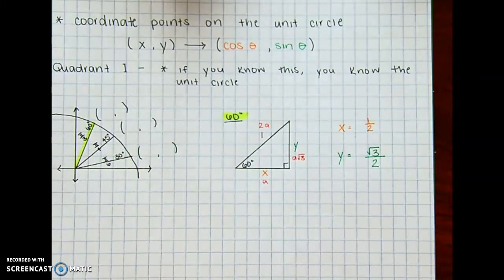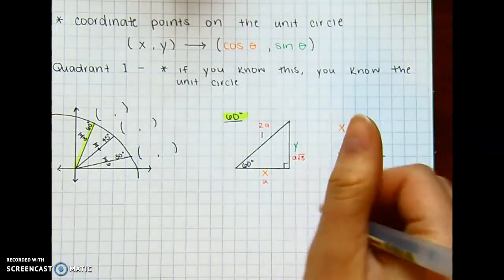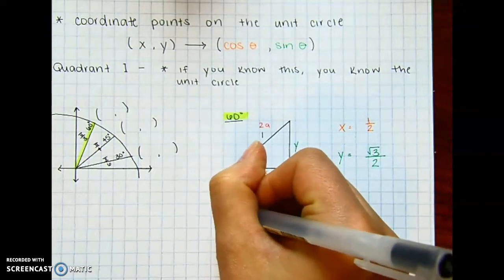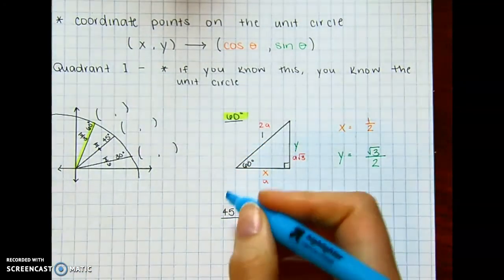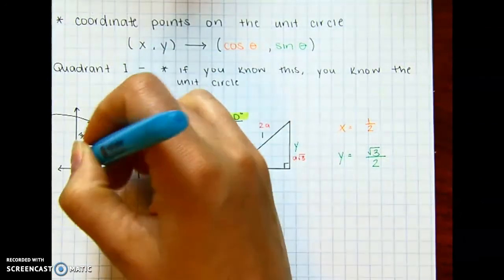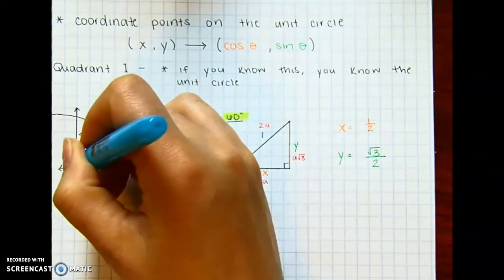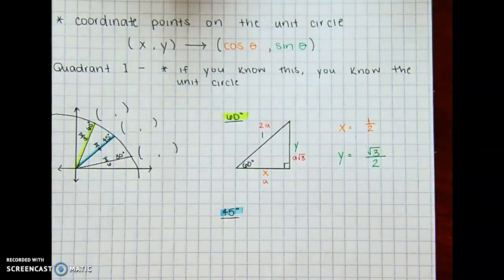For 45 degrees, it's a 45, 45, 90 triangle, so let's draw a picture, right? Okay, so this is 45 degrees. I'm going to make a right triangle.